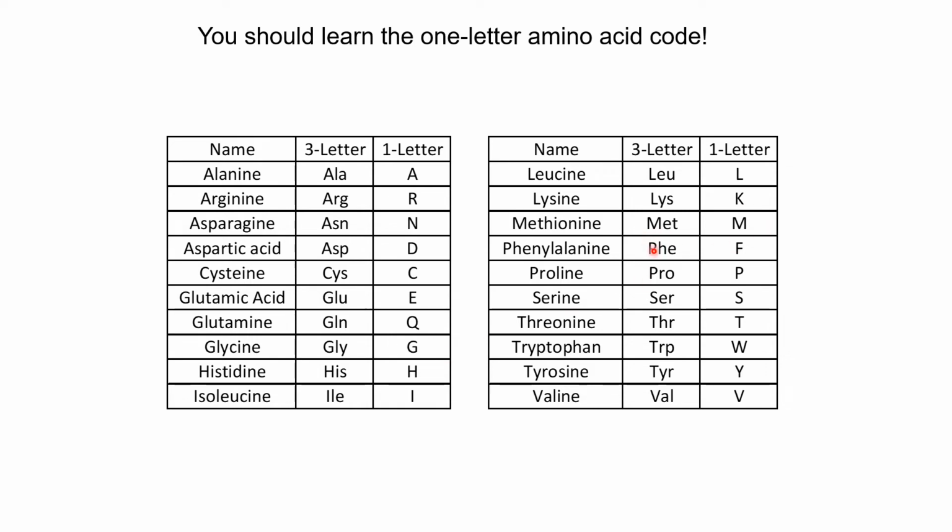For phenylalanine, the reasoning is that the PH is pronounced as an F, so it's F. Proline is P, S for serine, and threonine is T. Tryptophan is W because the structure of tryptophan is a double ring structure, so its abbreviation becomes W. For tyrosine, we cannot use T, but the next letter is Y, and when we pronounce it, it sounds like Y. Lastly, valine is V. So basically, those are the one letter abbreviations.